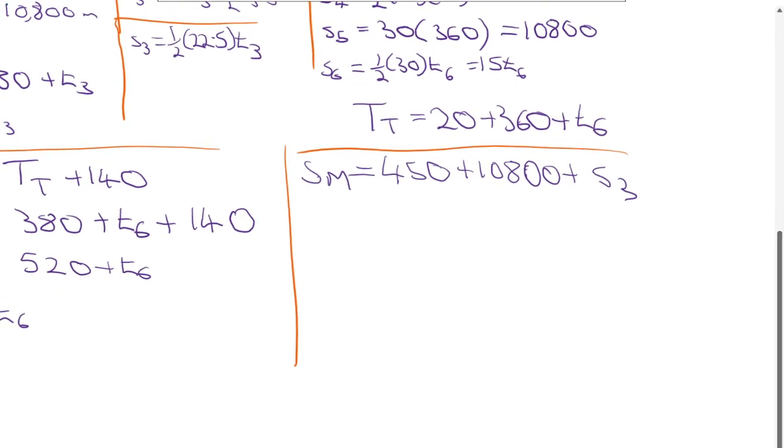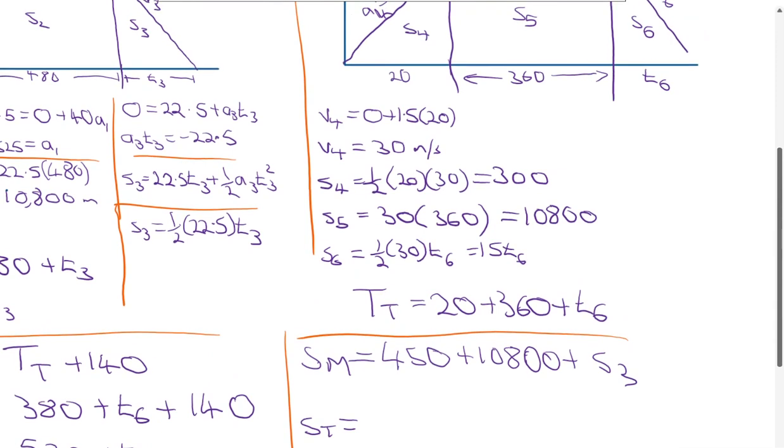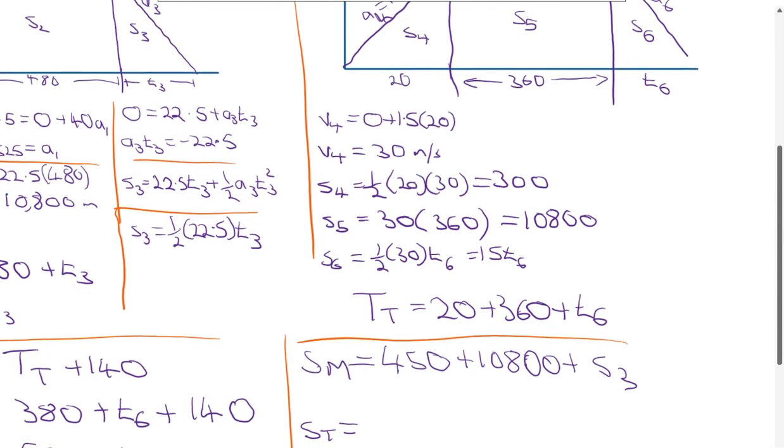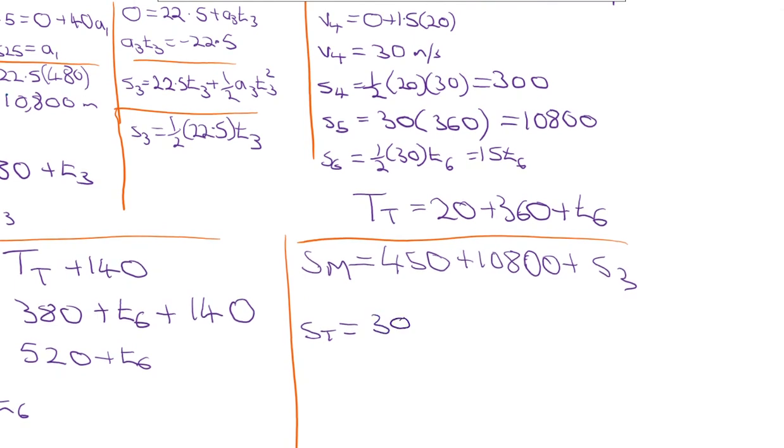So okay, we'll leave it there. We'll tidy it up in a second. And the distance on Tuesday is the same as that. But what is that? That is S4 and S5 and S6. So 300 plus 10800 plus S6.